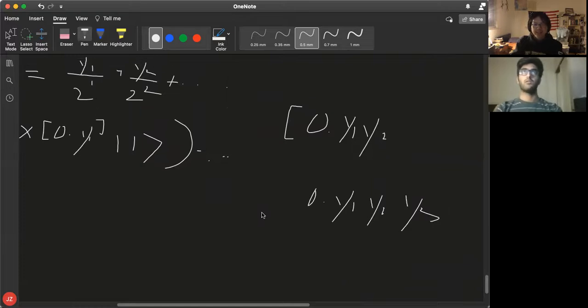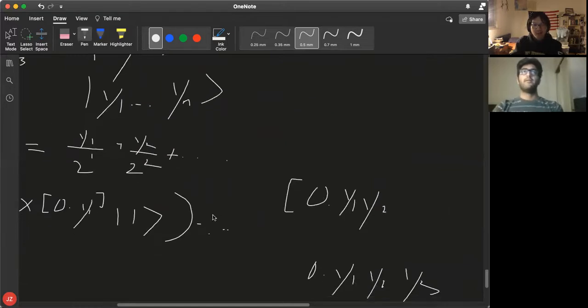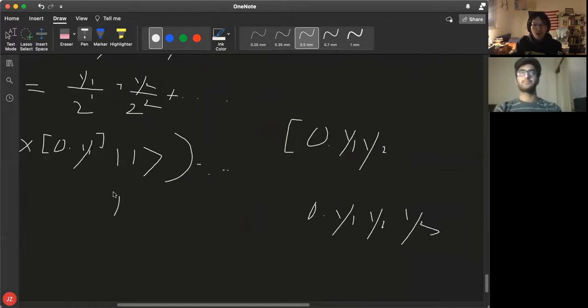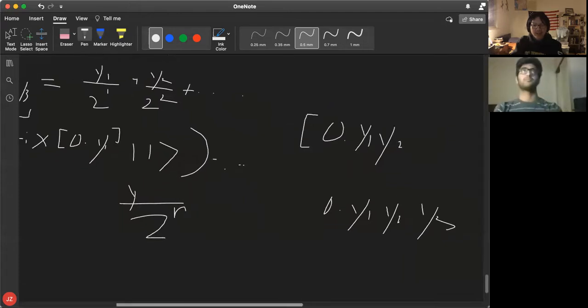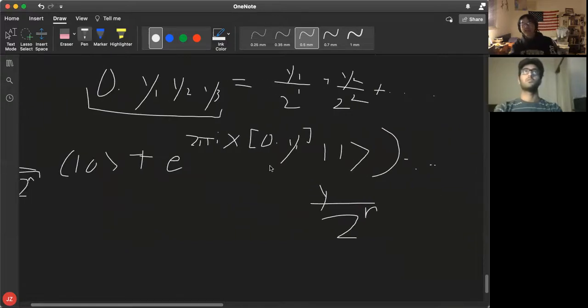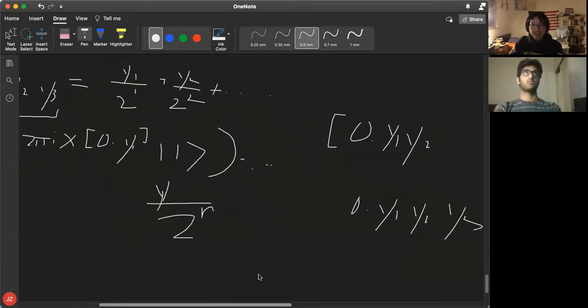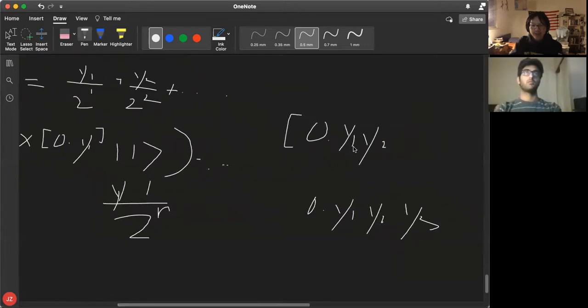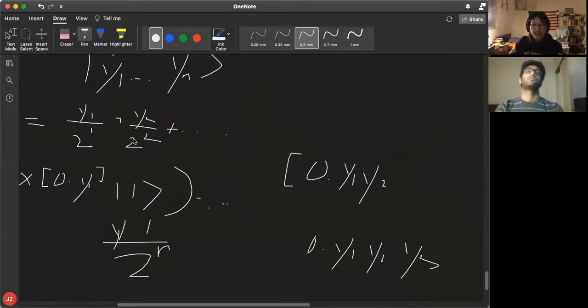And the way to think about this is we still have, normally it would just be like y over 2 to the n, right, for each parenthetical or each parentheses that's containing one of these terms in it. But now the 1 over 2 sub n is accounted for by each of these y sub 1s in the fractional binary notation.